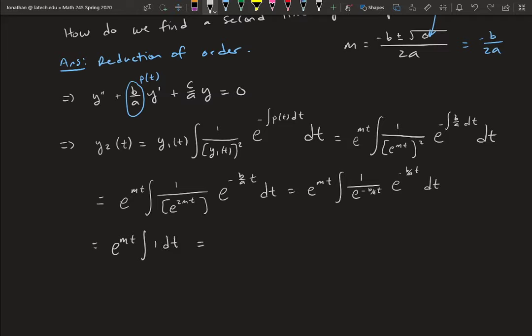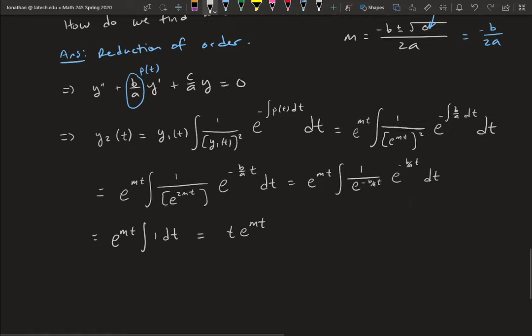So this is going to be t e to the mt, and that's our second linearly independent solution.